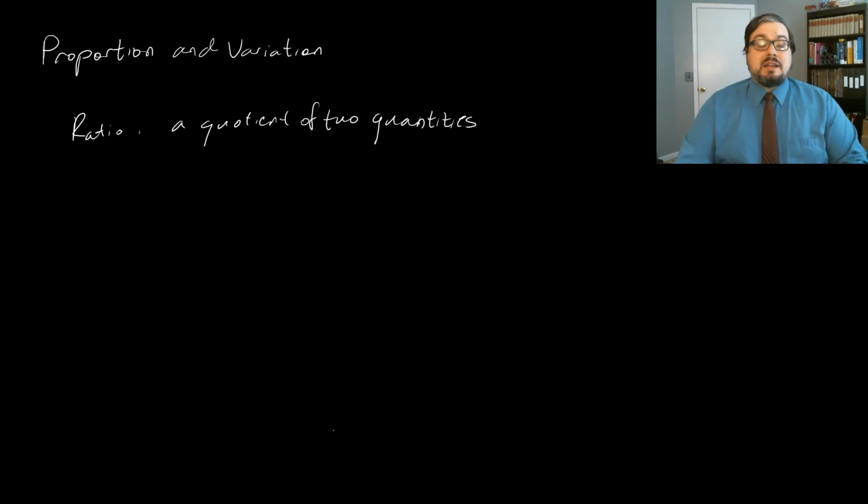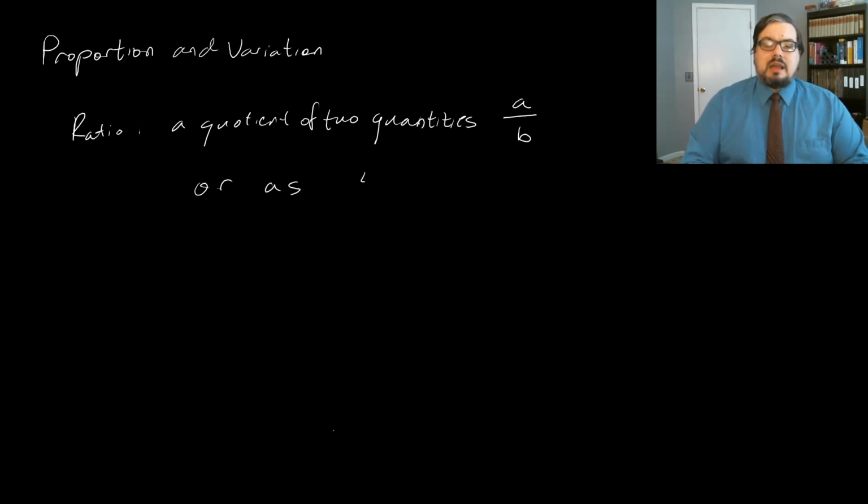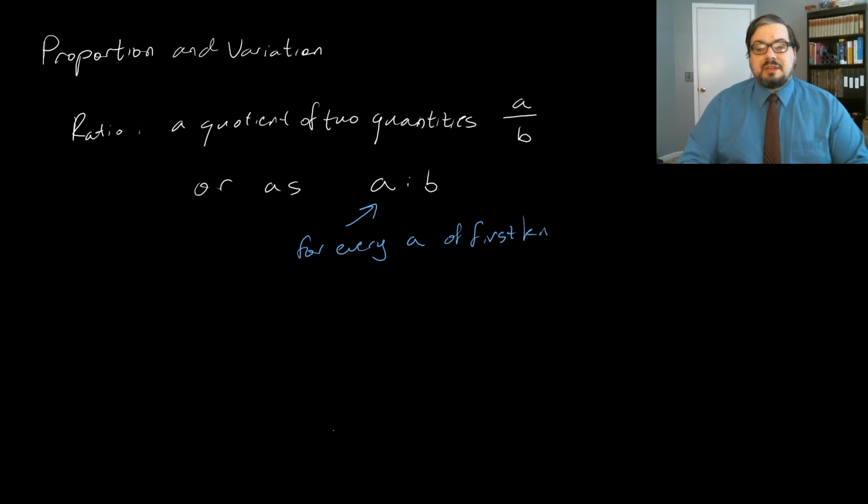And we can write it as a quotient, as in the form A over B. But in real life, you also sometimes see it written in the following way, as something like A colon B. And what this means is that for every A of the first kind of thing, we have B of the second.